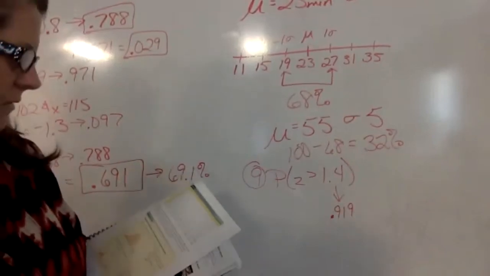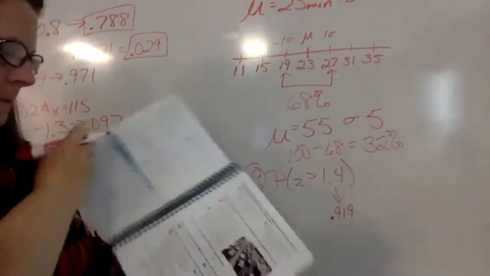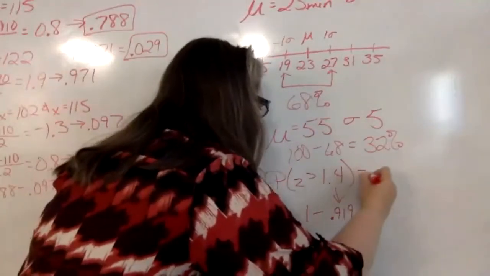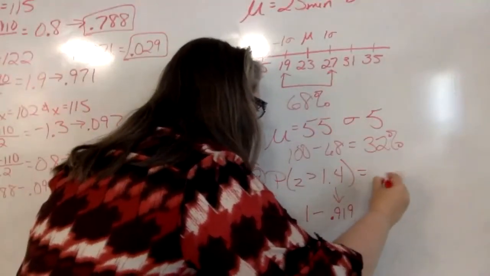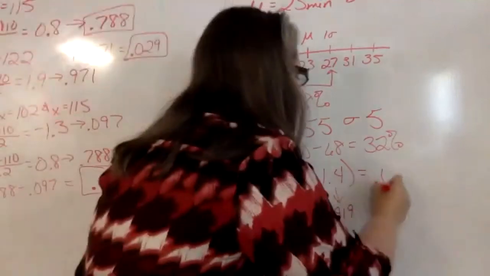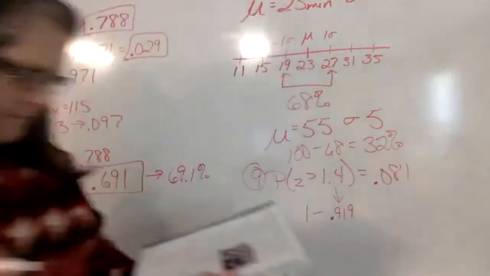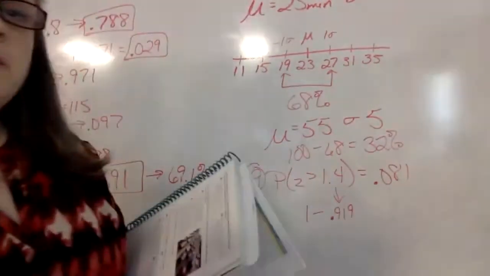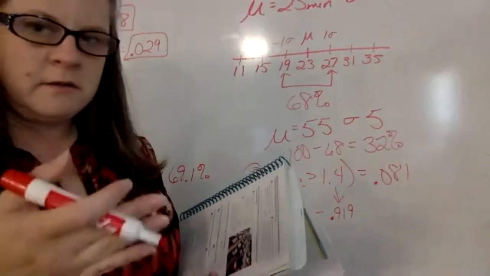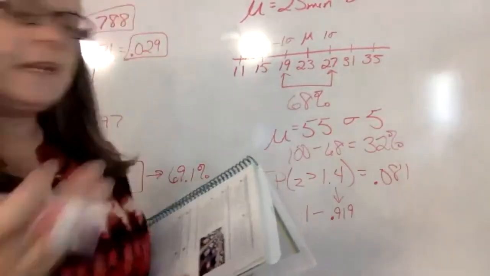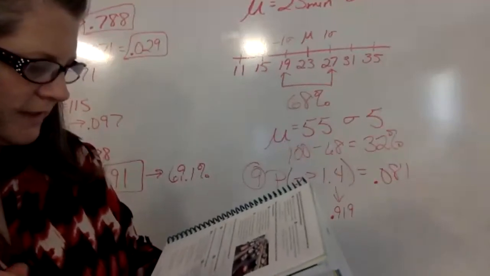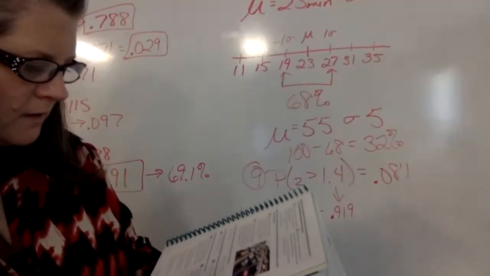So what do I have to do with that? Subtract it from 1. So I have 1 minus that and get 0.081. Now remember, if they wanted that as a percent, I would move my decimal point 2 places to the right and get it as a percent. Okay, just don't forget, if it asks about a percent, you do it.